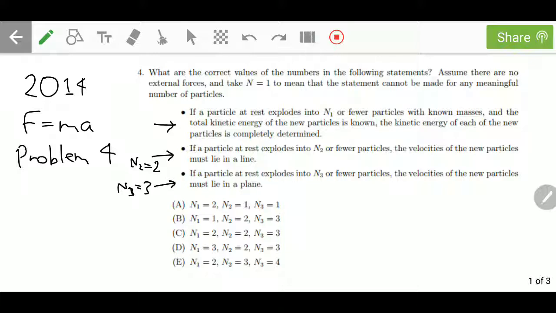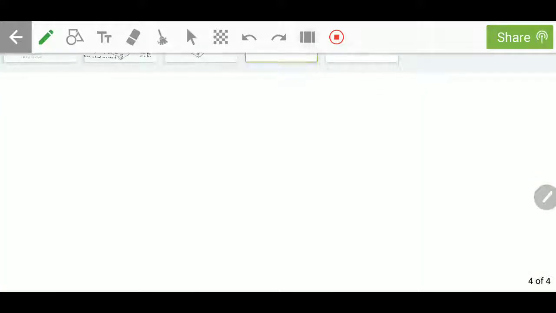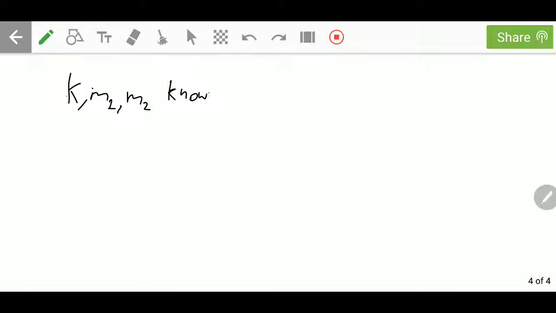So we need to think about kinetic energy. And one thing we can see is that if we have 2 particles, let's say K, M1, and M2 are known.